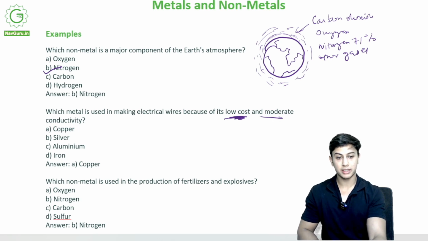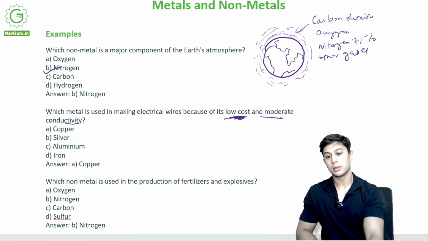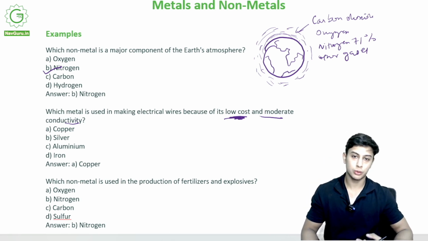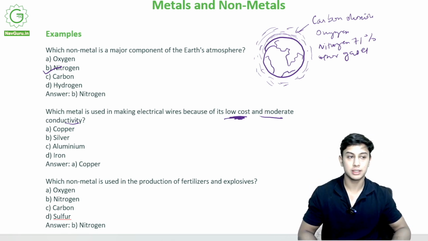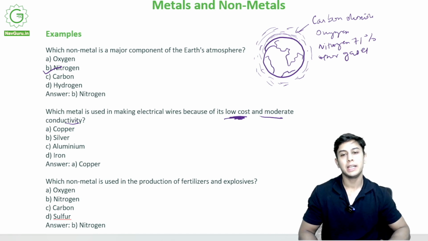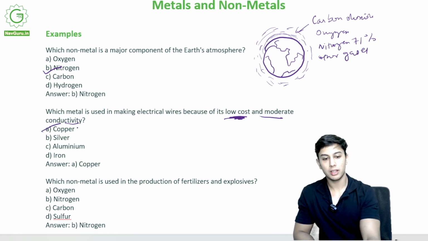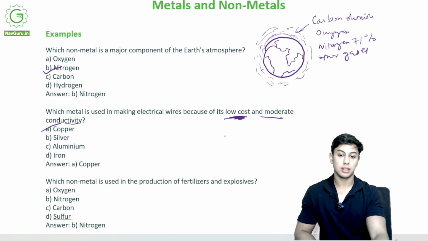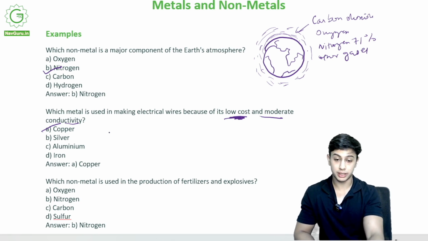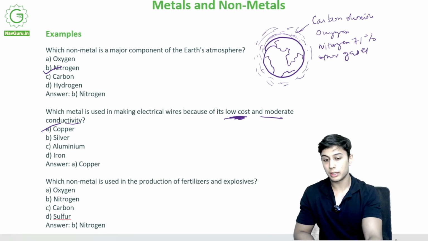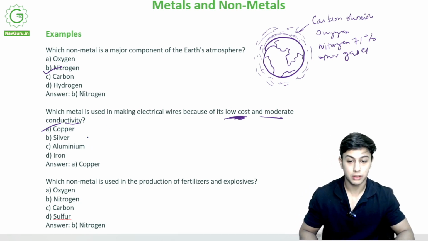If you go to an electrical shop and ask for wires, there is a 90% chance it will be made of copper. Why? Because copper is low cost, it is very conductive, and it also conducts heat, but it is easily available. So copper, not aluminium. Aluminium will be expensive.